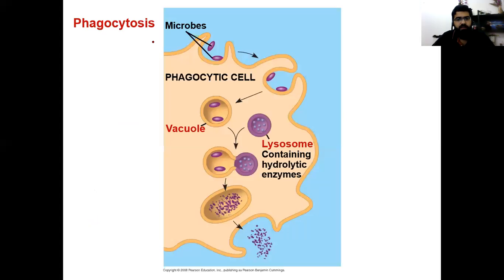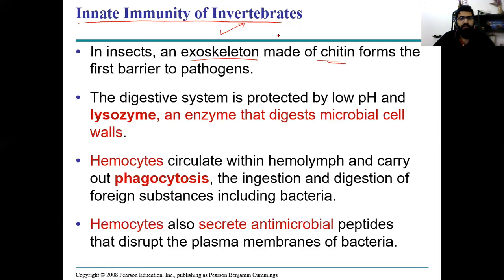We said that in invertebrates, innate immunity is more primitive than in vertebrates. For example, in insects, the exoskeleton, which is made of chitin, forms the first barrier to pathogens. Pathogens cannot get in because of this chitin structure.